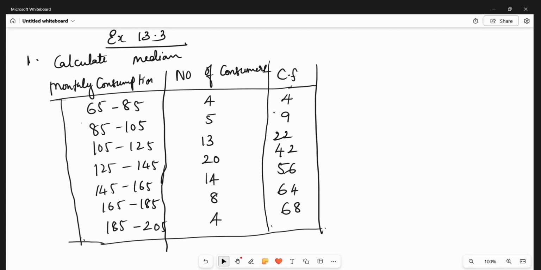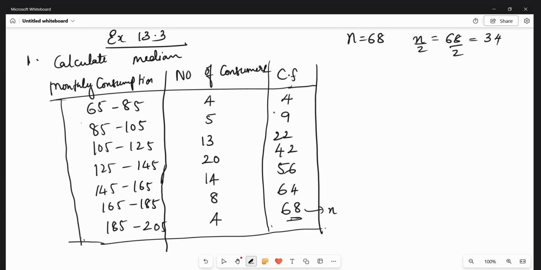Just listen once if anyone has a doubt. 68 is there. What is this? It is the sum of all the frequencies, right? So this is the n value. So n is equal to 68. n by 2 will be half of that, so it is 34. Since we are calculating the median, it will be the middle value.